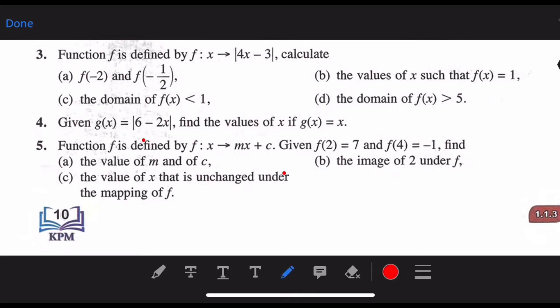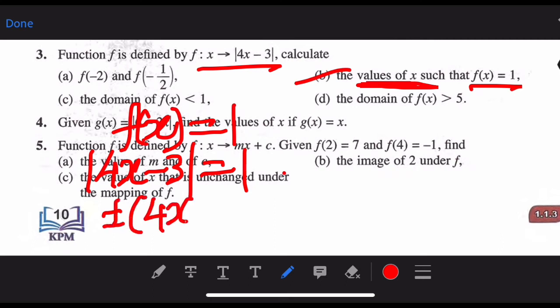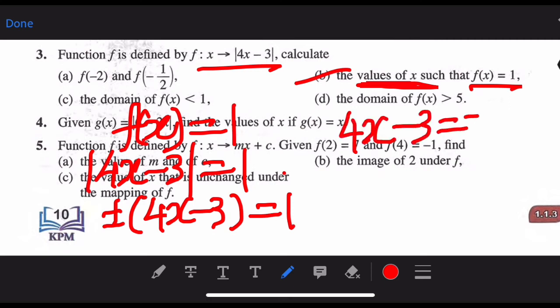Now we will do B. What are the values of x? You have two values of x when f(x) equal to 1. That means your f(x) here, 4x minus 3, equal to 1. The moment you open up the modulus, you will get plus and minus. The plus and minus, you can actually put at the number there when it's an equation.